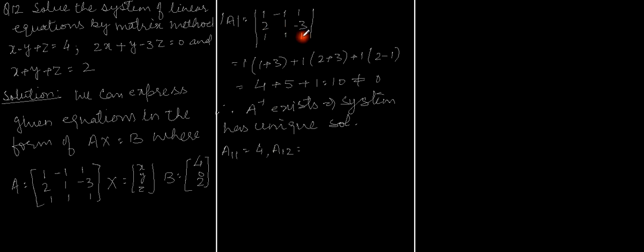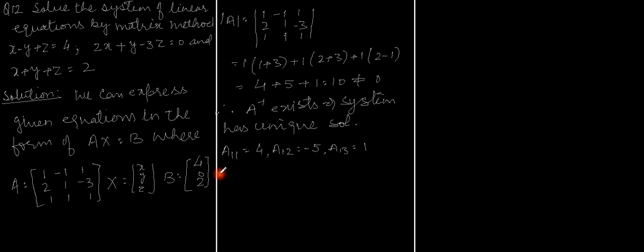This is 2 plus 3, that is 5. But in 1, 2, 1 plus 2 is 3, which is odd, so we have a minus sign. Then A13, hide the first row and third column. We have 2 minus 1, that is 1.